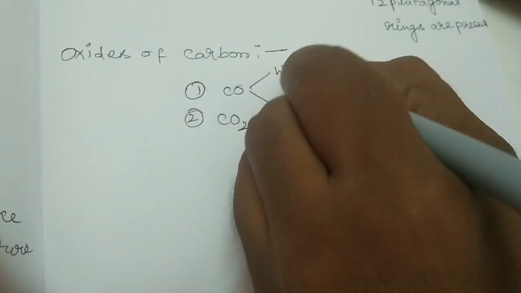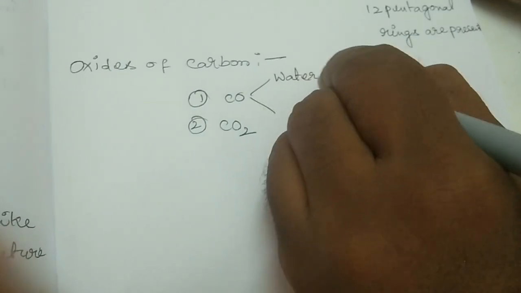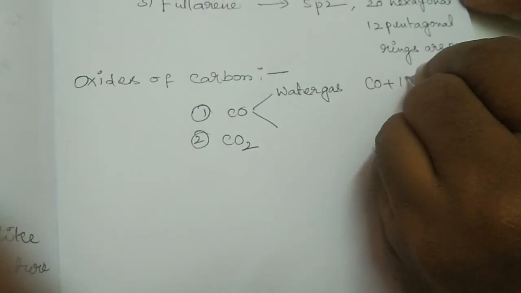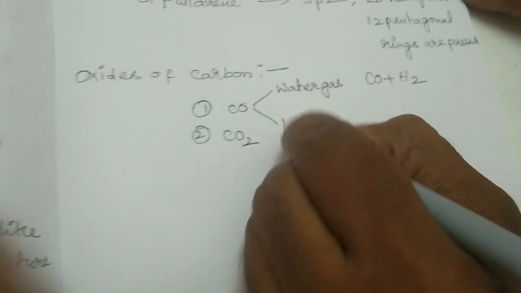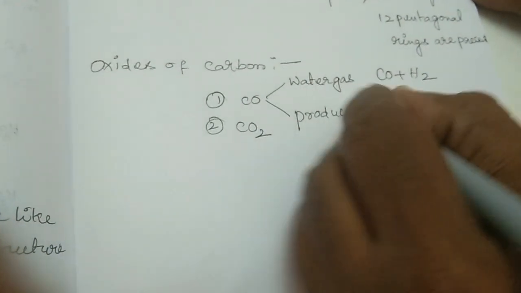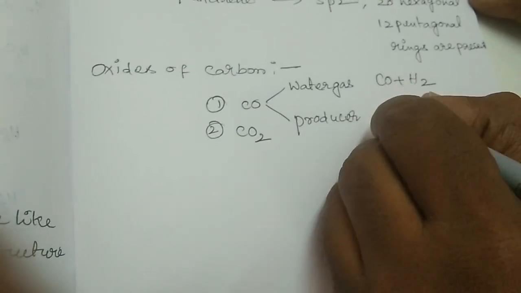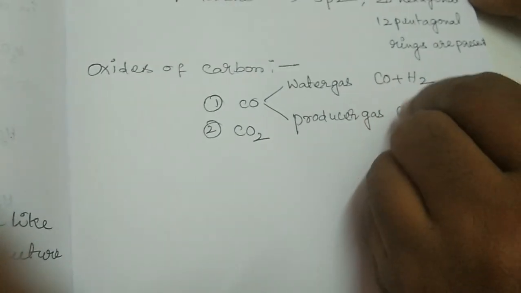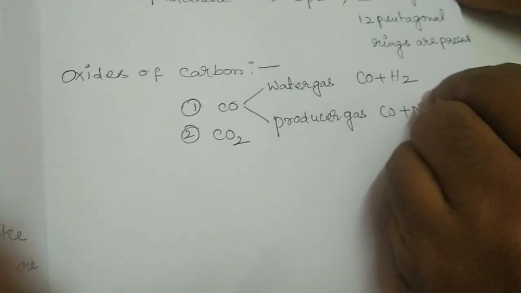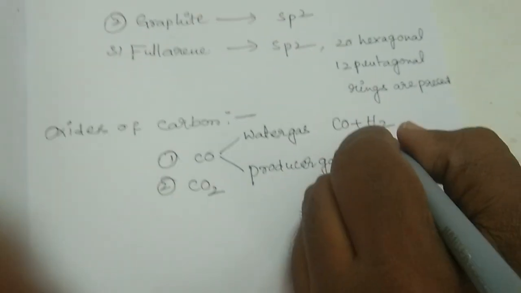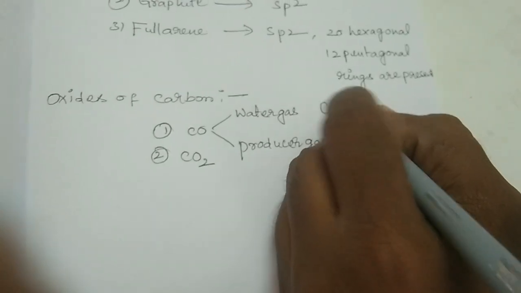One is water gas, carbon monoxide with hydrogen. Another one is producer gas, which contains carbon monoxide, nitrogen and H2.